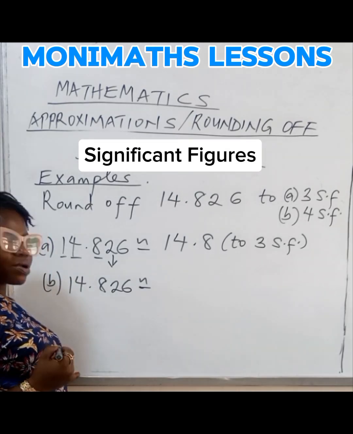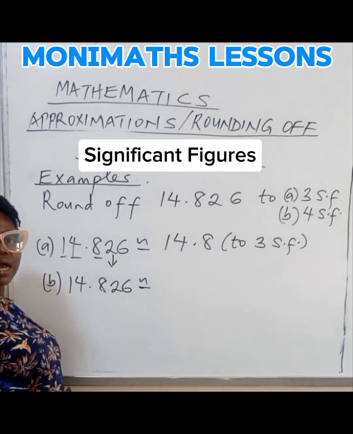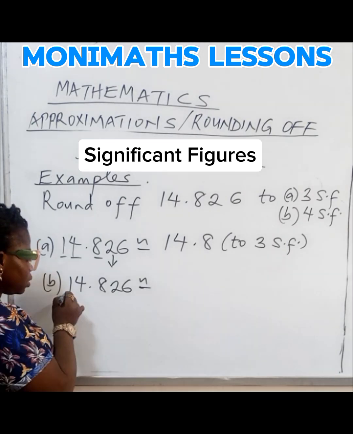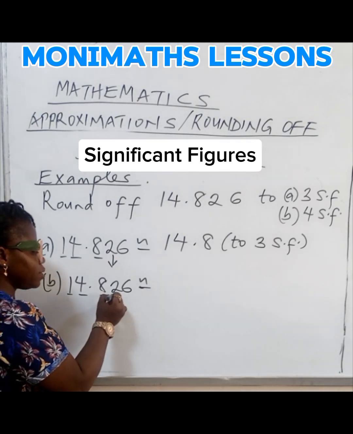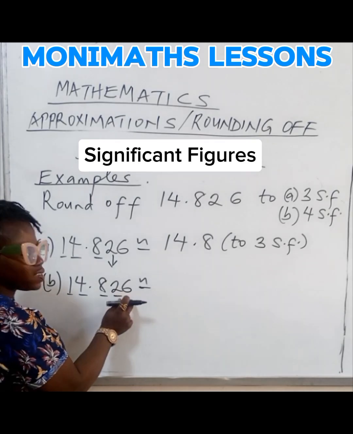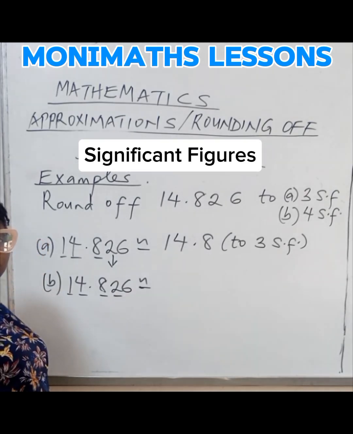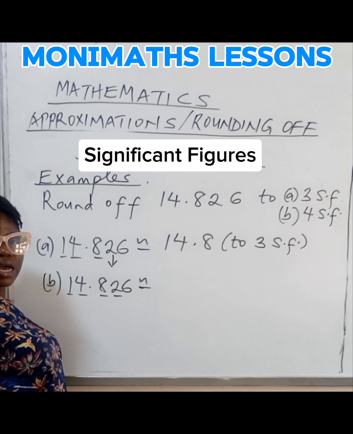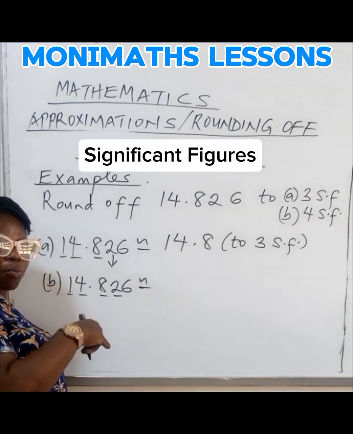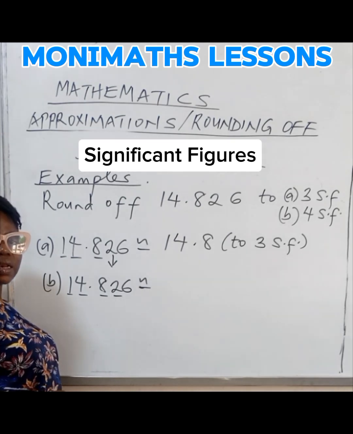14.826 to be rounded to 4 significant figures. Let us count the 4 significant figures. They are 1, 4, 8, 2. We won't just write 1482. We will consider the digit at the back of the 4th significant figure. If it is up to 5, it is rounded up upon the 4th significant figure.